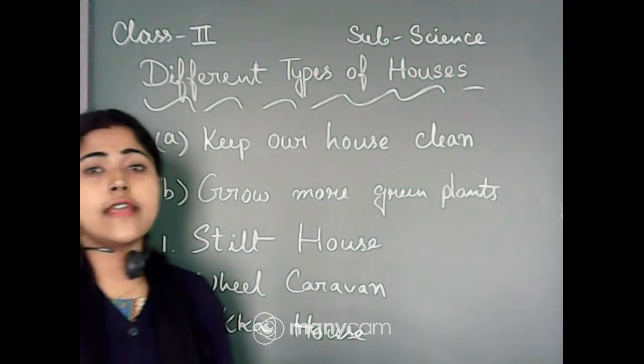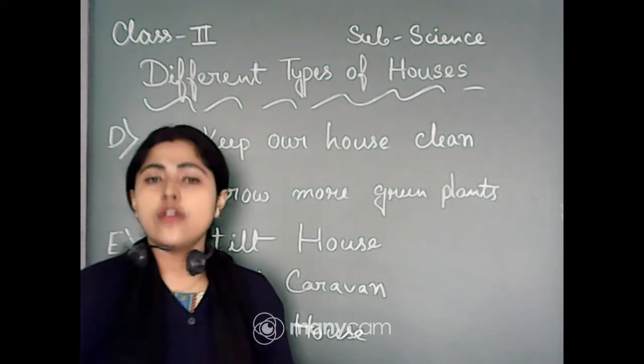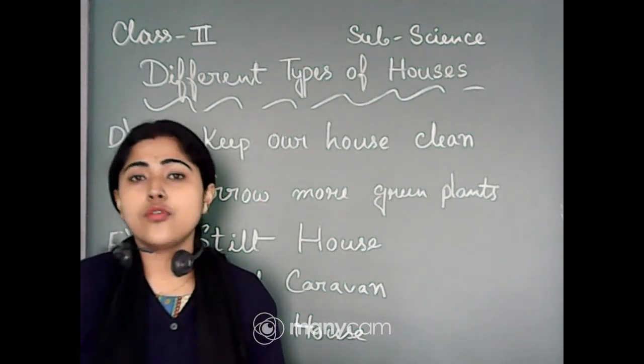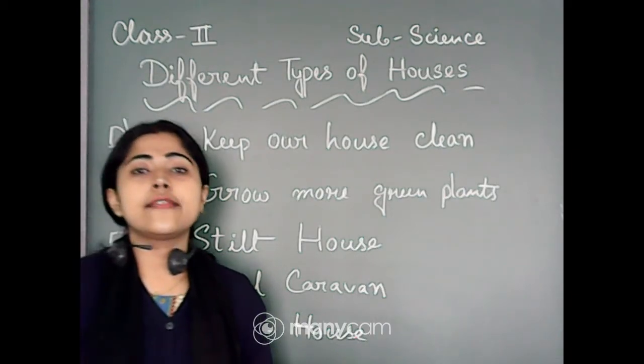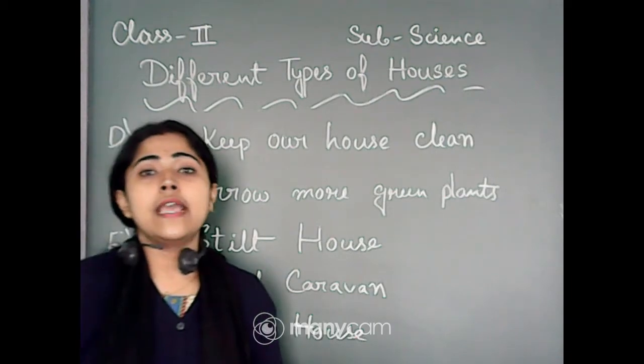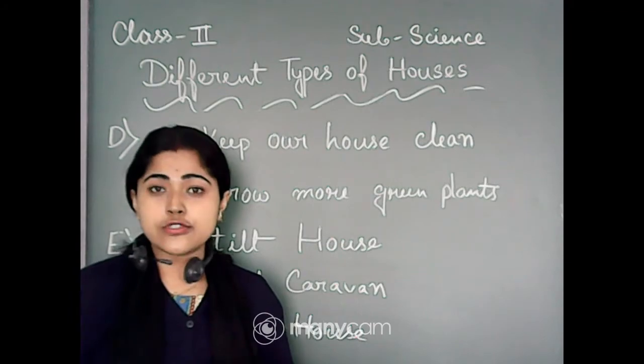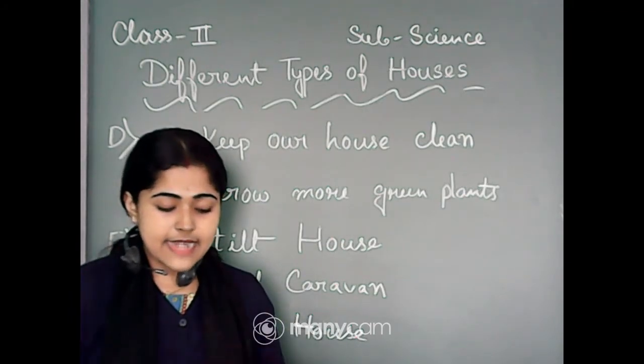Due to heavy rain, the kacha house will be damaged because it's made up of mud, clay, bamboo and straw. So most probably those kacha houses will be damaged by the storm and the huge rain and the flood also.